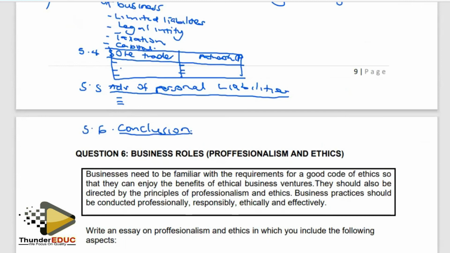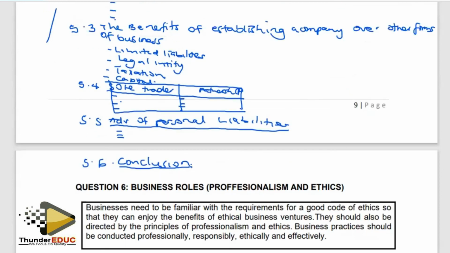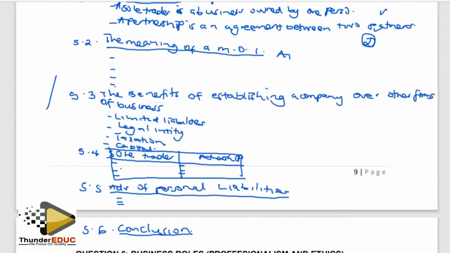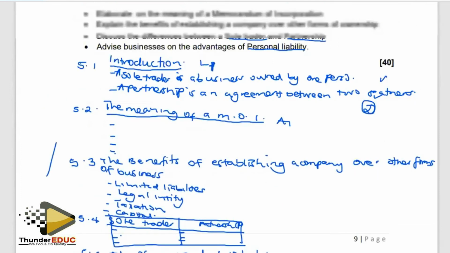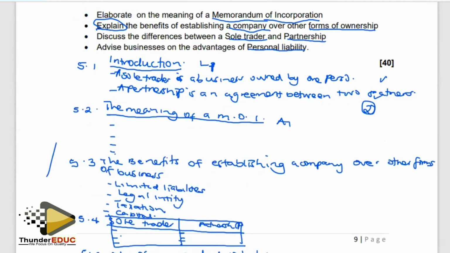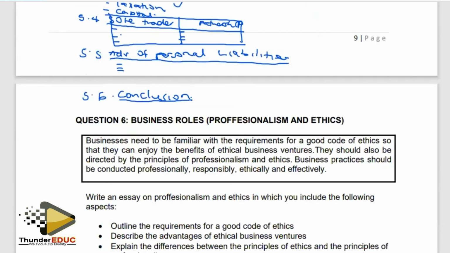You say, for example, it is very important to establish public companies because their advantages are way more compared to the advantages received by other forms of business ownership. Or you can say the memorandum of incorporation is a very important document that a business will not operate well without being signed. Besides, it may not even be established. A company may not be registered without a memorandum of incorporation. The same, depending on what you feel is the most suitable.